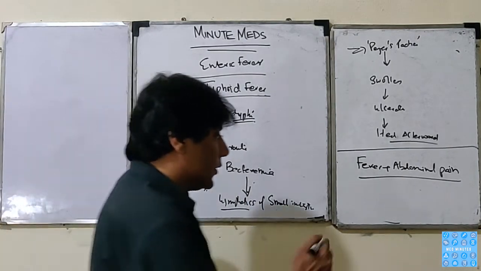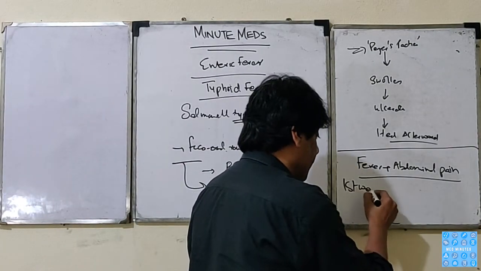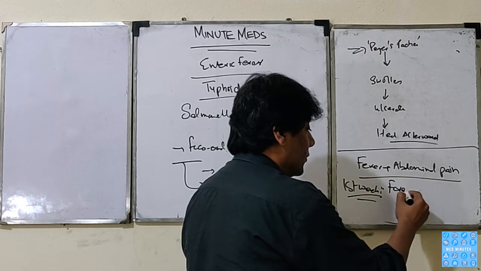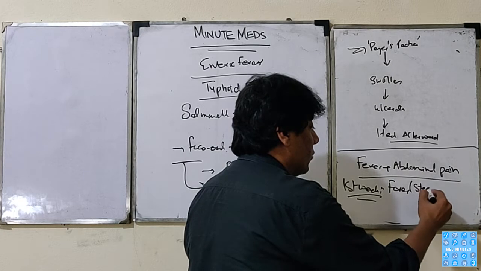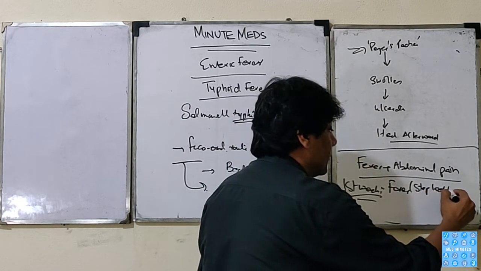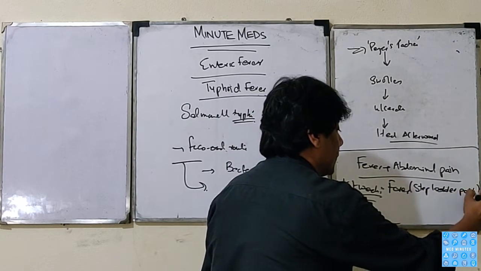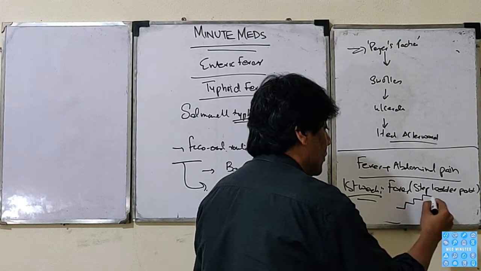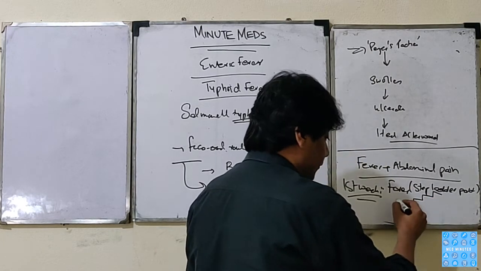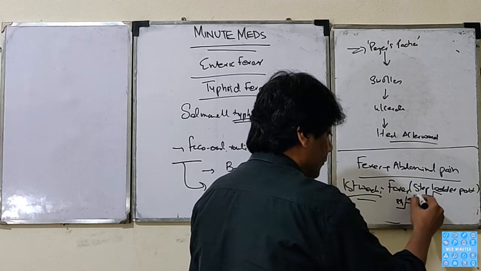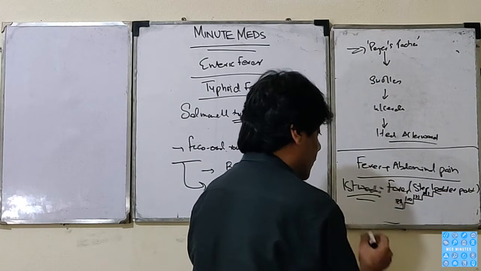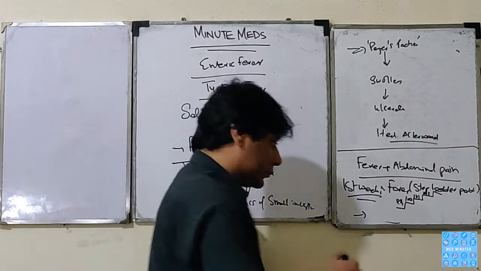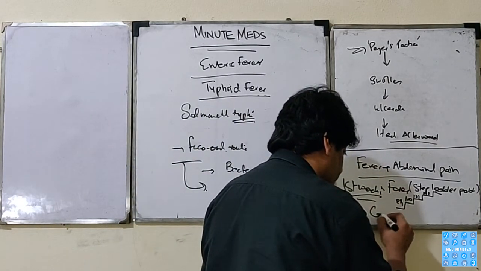In the first week, there is fever that has a specific pattern. We call it the step ladder pattern: 99, then 100, then 101, then 102, then 103. Associated with all the constitutional symptoms, no focus of infection.